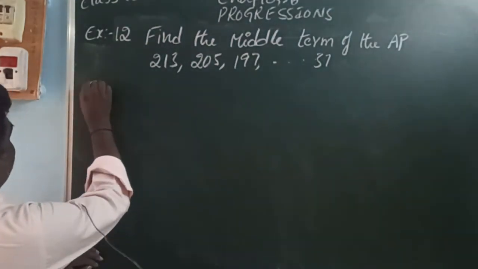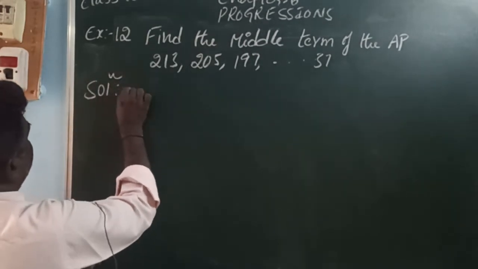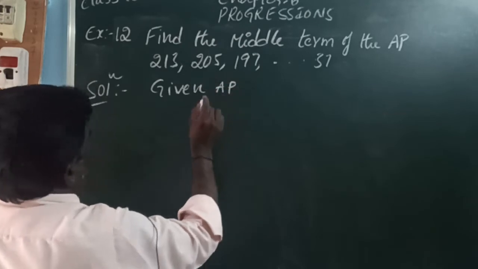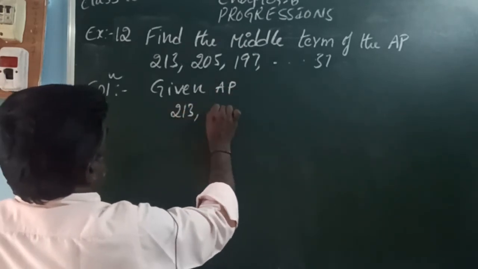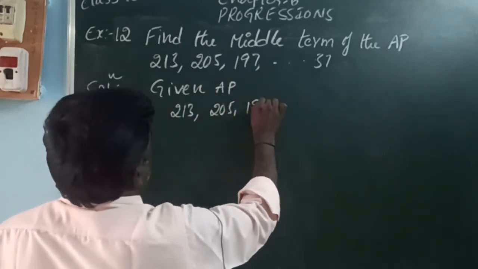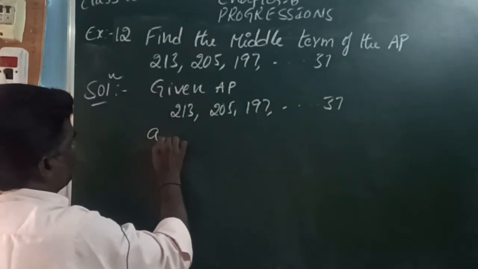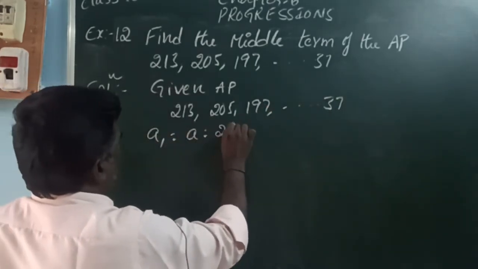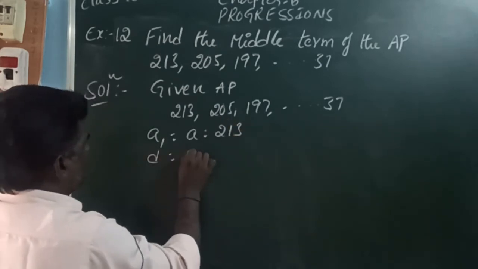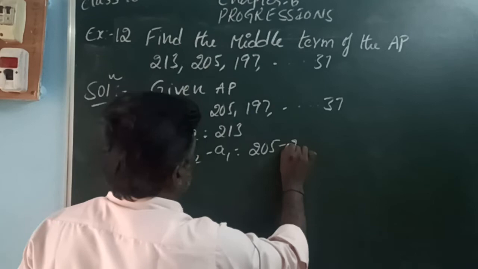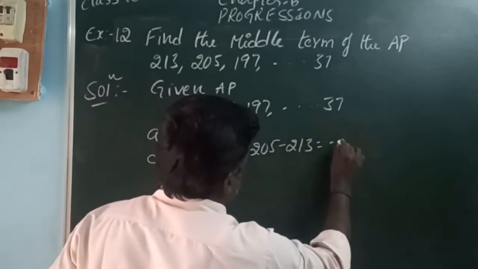So here the given AP is 213, 205, 197, and so on up to 37. So a1 is equal to 213. Common difference a2 minus a1 is equal to 205 minus 213, what is the common difference?